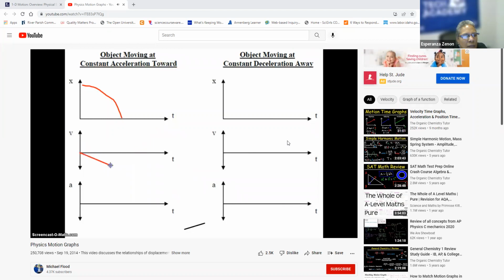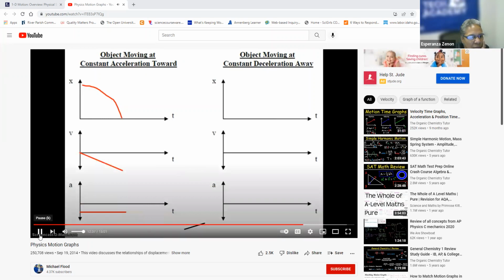So our V number is getting bigger, but being below the line means our line slopes downward like this. Here we have a negatively sloped line. The slope of this is the acceleration, of course, so our acceleration would be a straight horizontal line below the time axis.